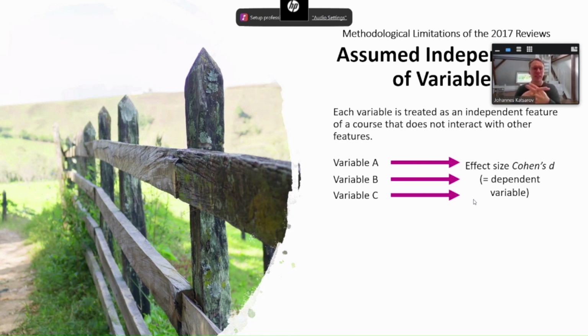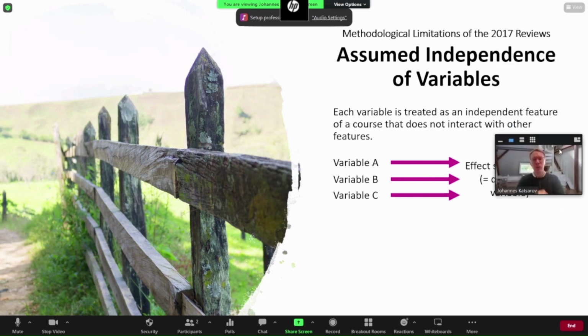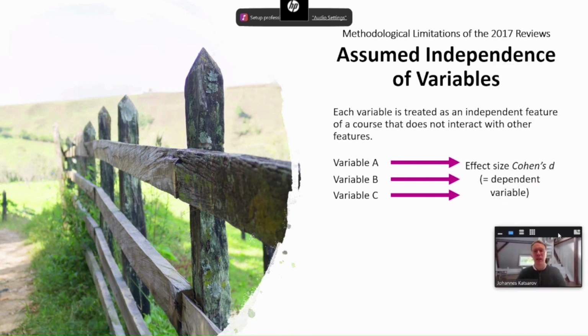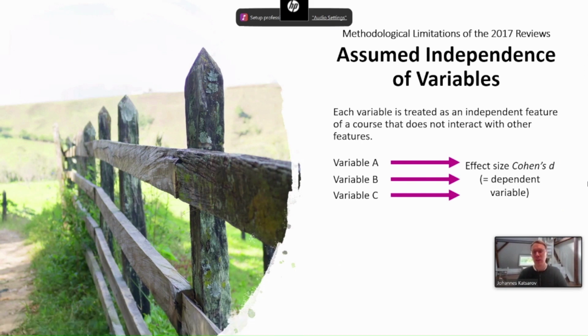The idea is you have a general effect size of a course. For example, how much knowledge learners developed in between the beginning of the course and the end of the course. And then you look at, so how long was the course, for example? That could be variable A. And you want to see, essentially, is there a correlation between the length of courses and the learning effects?